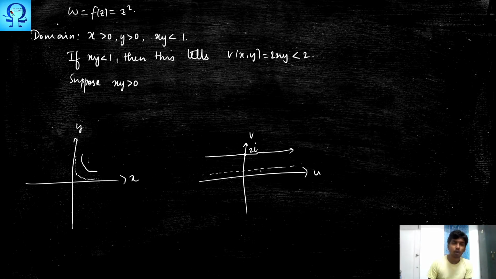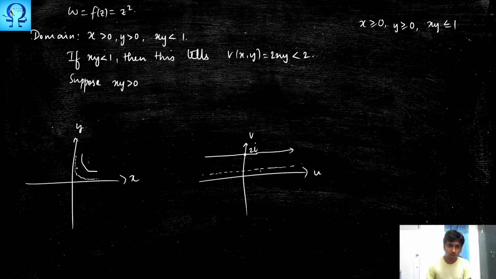If we take the domain like this, this is the change that is going to happen. Now, instead of considering this as the open domain, if you consider the closed domain, that is, x is greater than or equal to 0, y is greater than or equal to 0, and xy is smaller than or equal to 1, the u axis is also included.